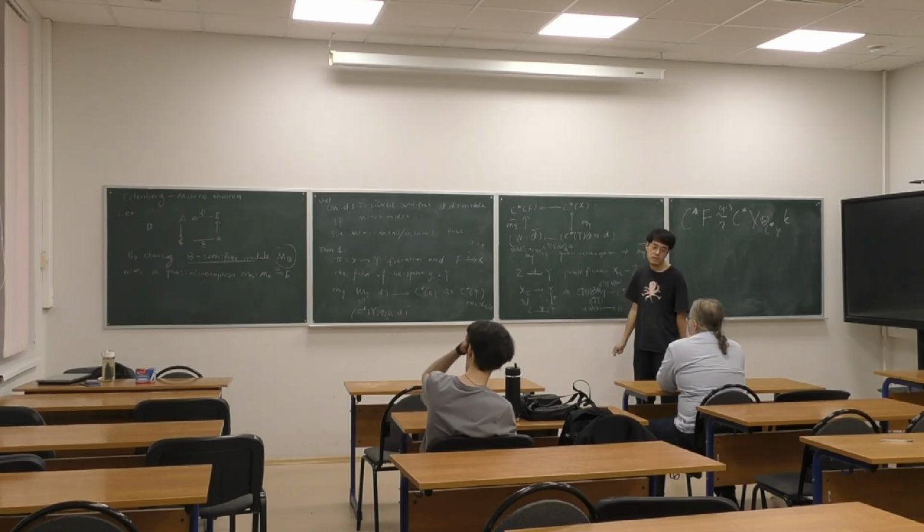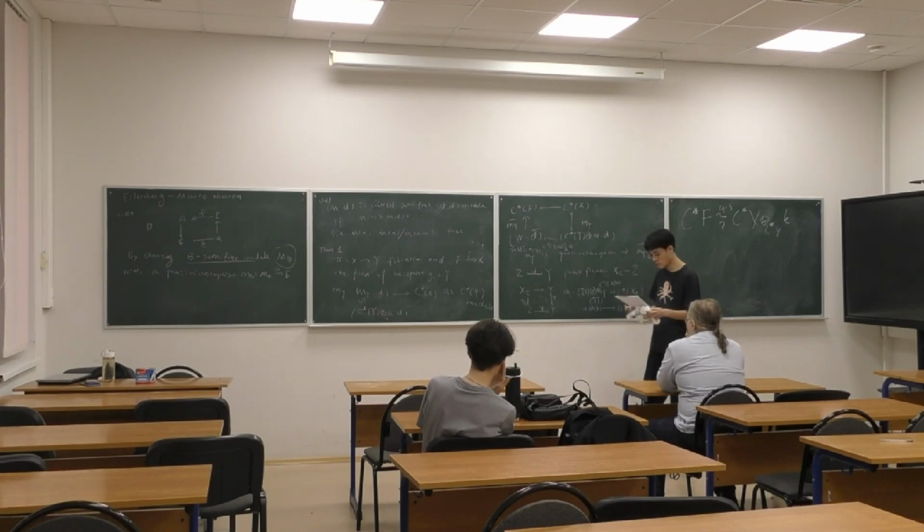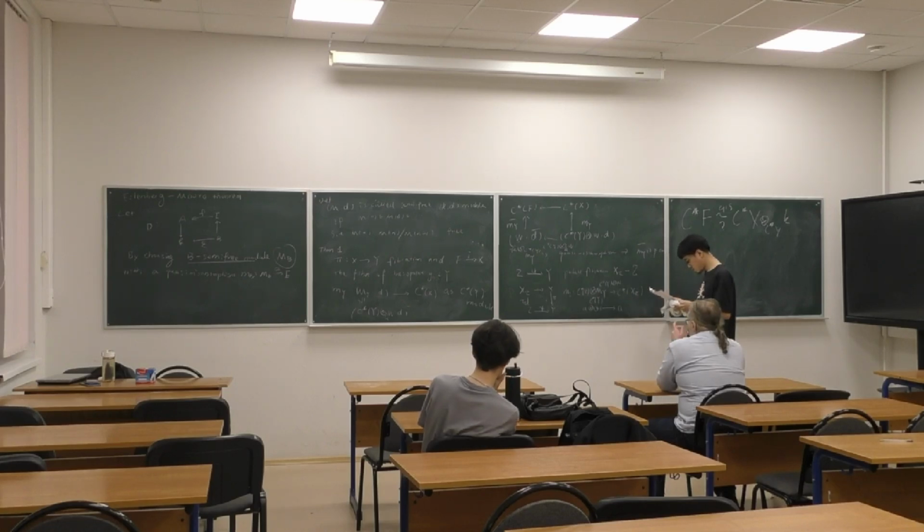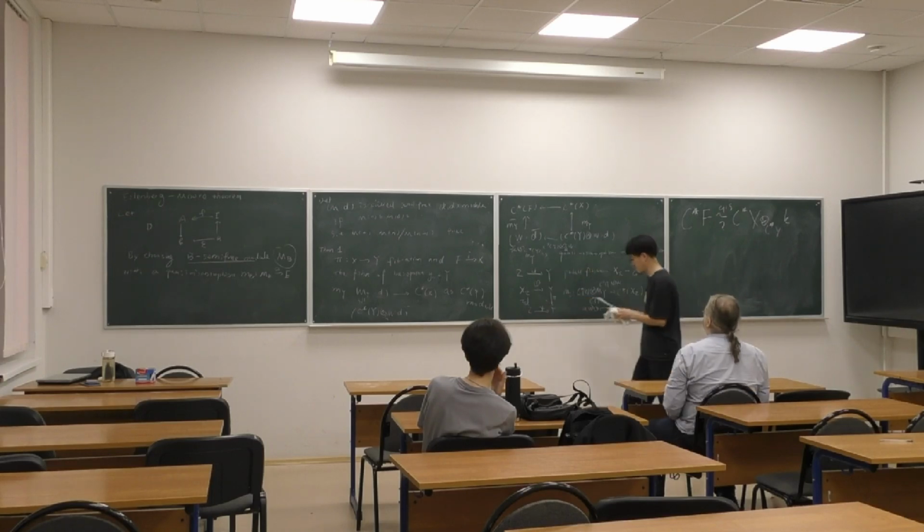Let's look at the source. The source is k times M. Well, I write down the construction of this map.